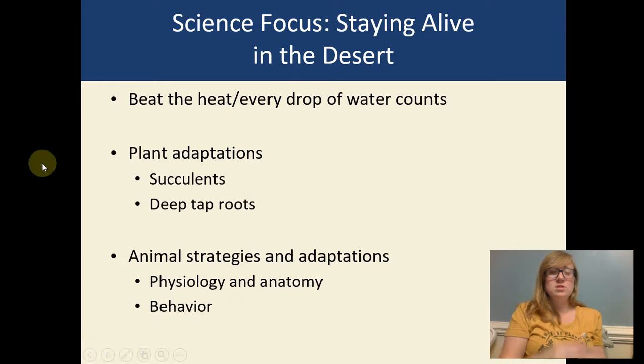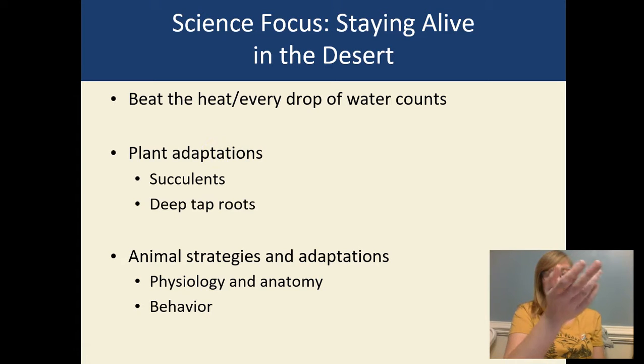So just to give you an idea about how difficult it is to survive in the desert, animals that are adapted to live here are designed to beat the heat, like I kind of told you, in many different ways, and to make every single drop of water count, because it's so rare in these deserts that it rains.